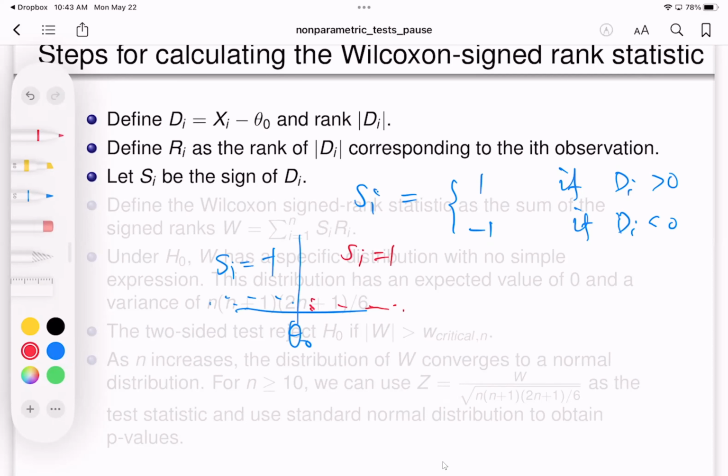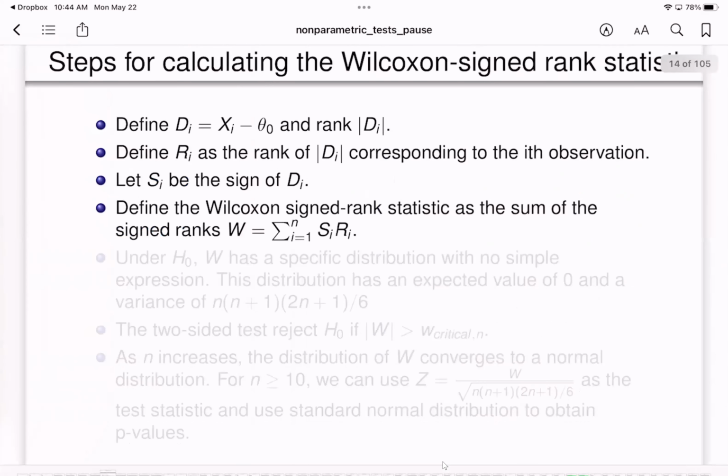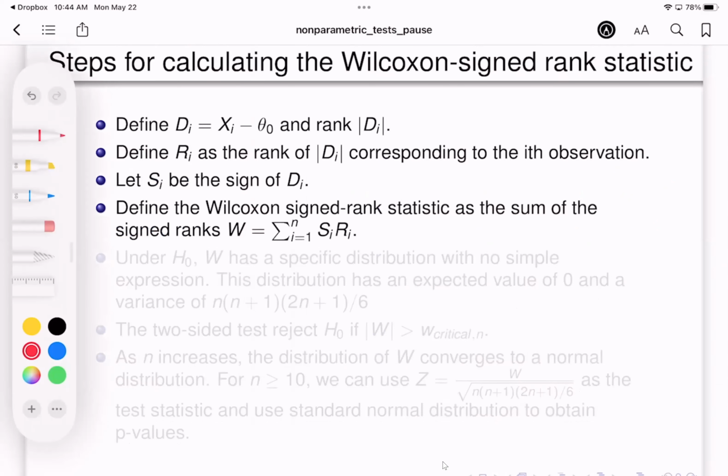So that's the sign. And the statistic in this case simply takes the signed ranks and sums up all of them. Imagine we have all those from the left side and also from the right-hand side. If really the median is theta 0, then these observations are supposed to be evenly spread out.